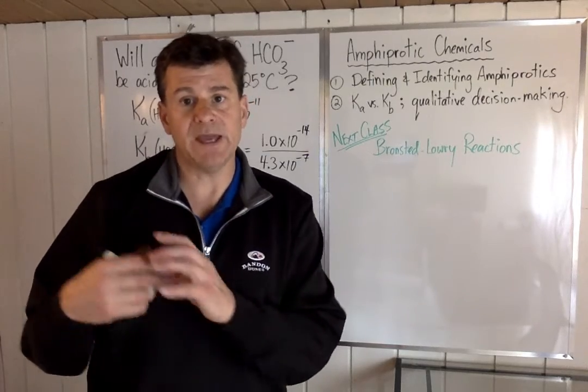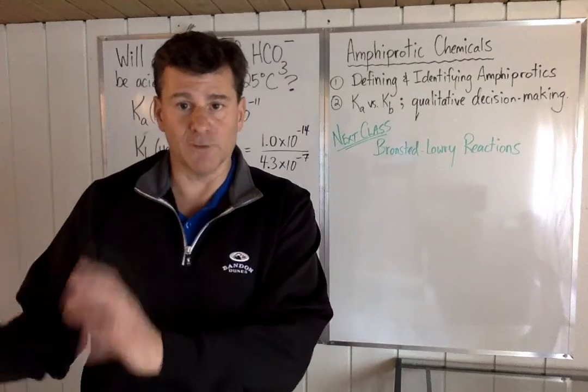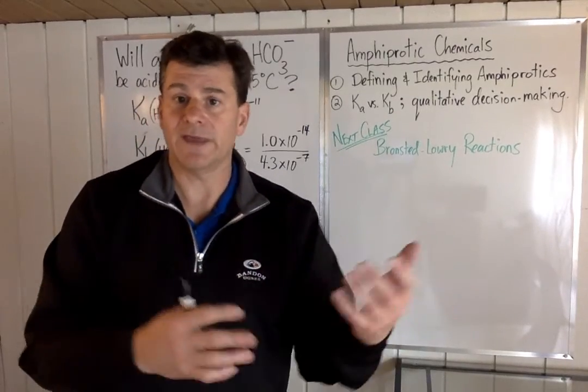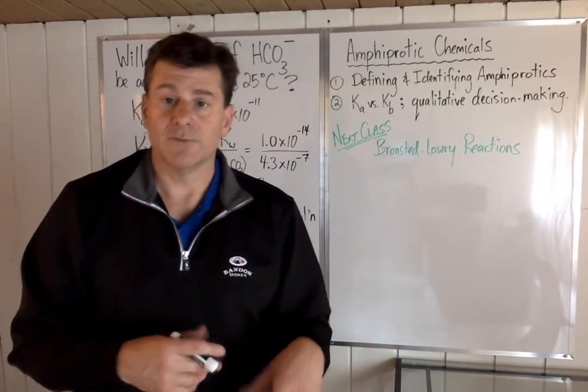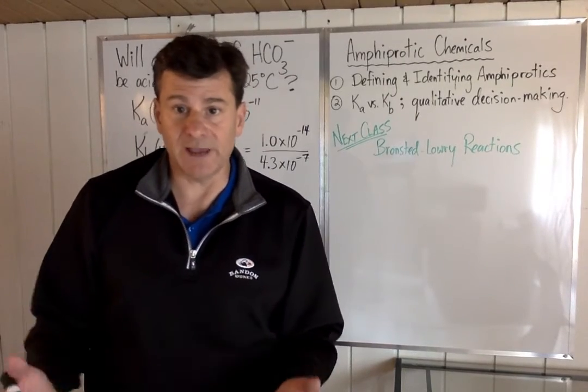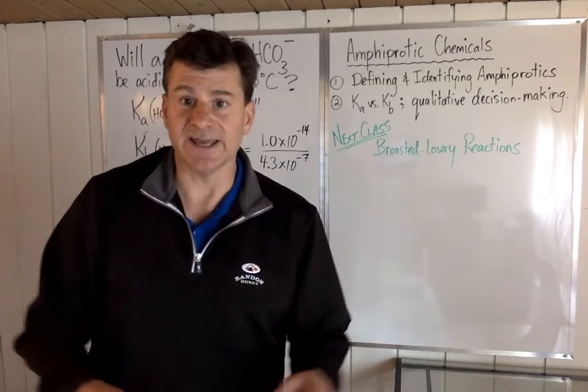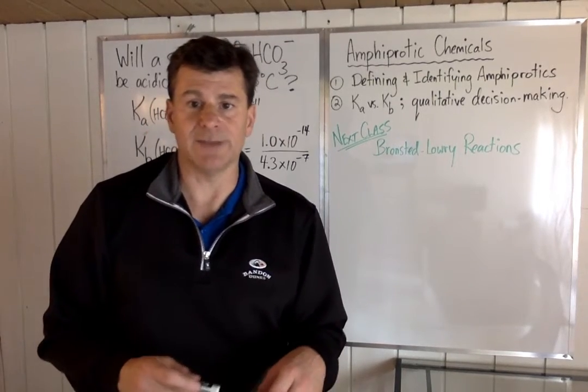So the base reaction of HCO3 minus completely overwhelms and dominates over the acid reaction of HCO3 minus. And therefore the solution comes out basic overall, because the poor little ones acting as an acid just get overwhelmed by the ones acting as the base.